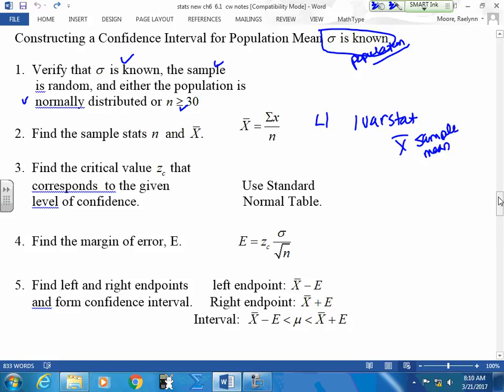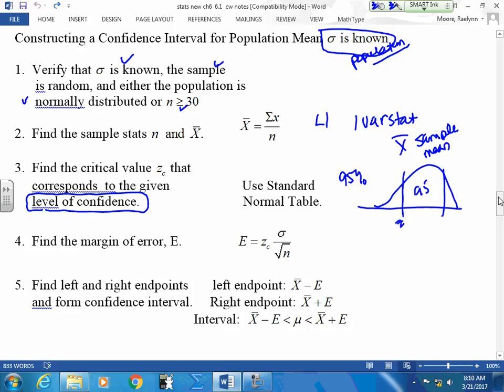The next thing we want to do is keep track of what your level of confidence was. Find your level of confidence. So if my level of confidence is 95%, remember we did this. We did an inverse norm. We need to know this z-score. So we did inverse norm of (1 minus 0.95), watch these parentheses, divided by 2.